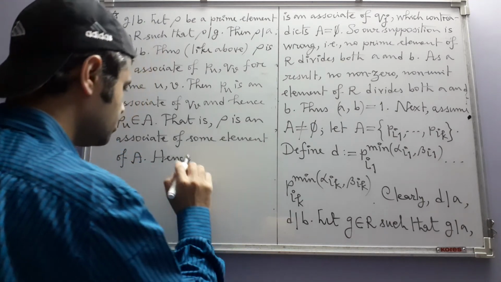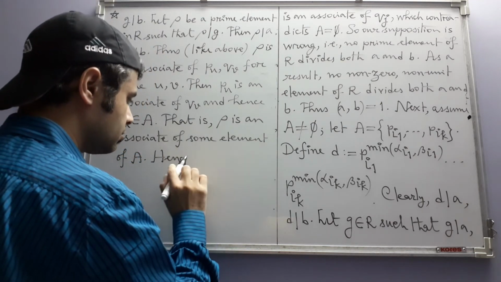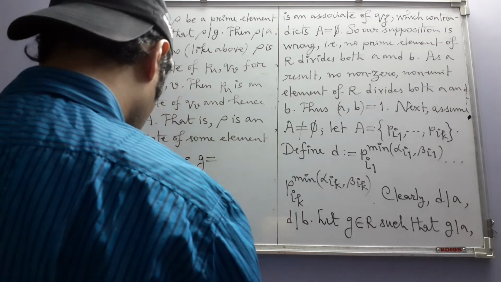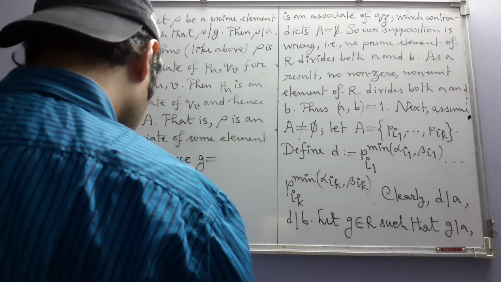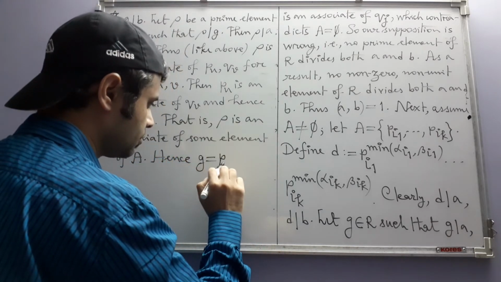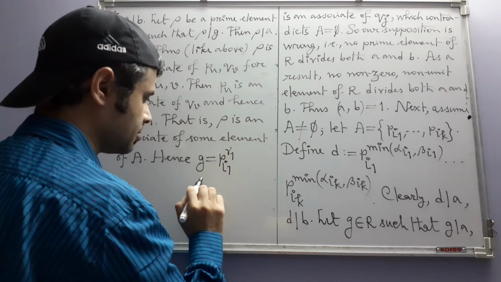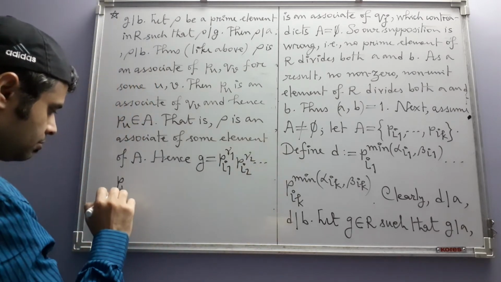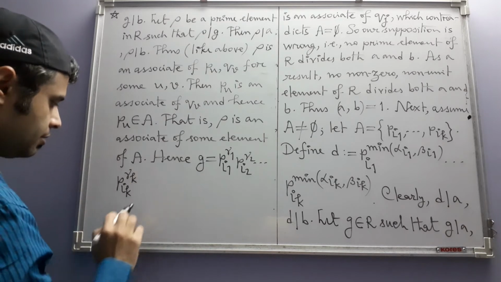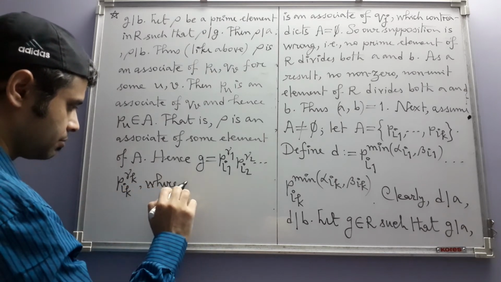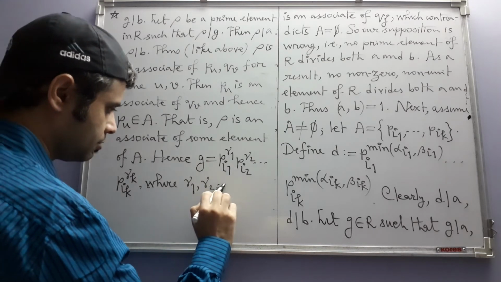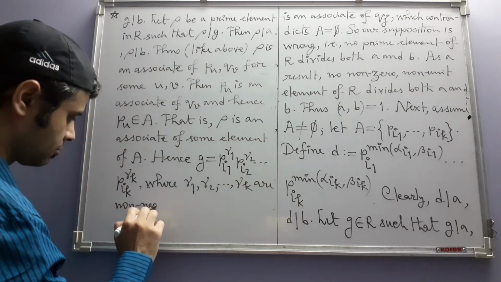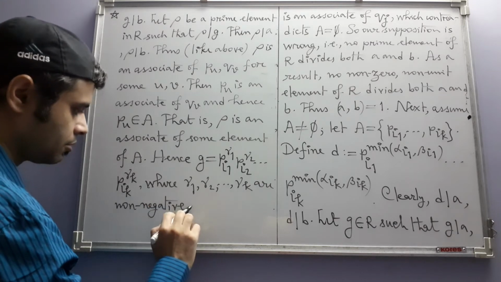Okay. So hence we can ultimately conclude like this: G is of this form, delta times pi1 to the power gamma 1, pi2 to the power gamma 2, etc., pik to the power gamma k, where gamma 1, gamma 2, up to gamma k are non-negative integers.